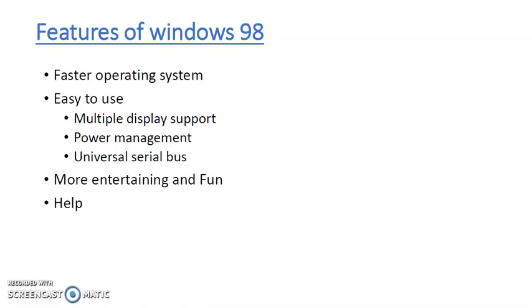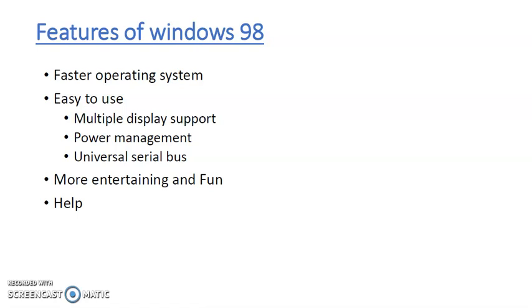These features make your computer easier to use, with some new and advanced features like multiple display support, power management, and universal serial bus. So what is the meaning of multiple display support? These features make it possible to use several monitors simultaneously to increase the size of your desktop.